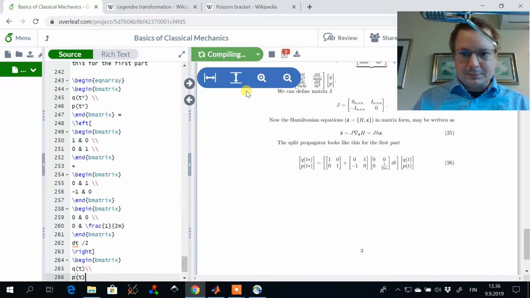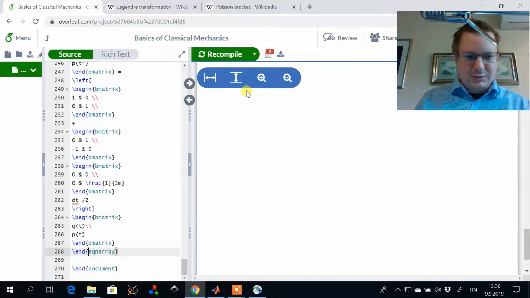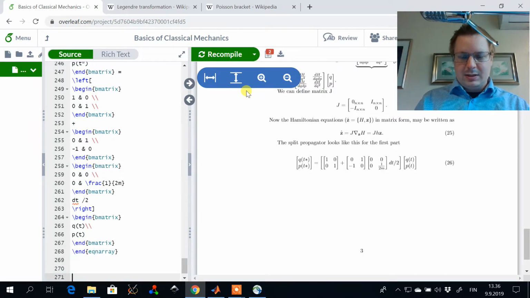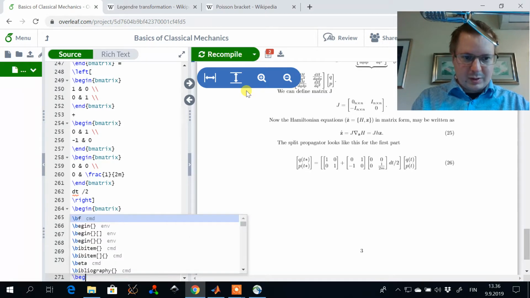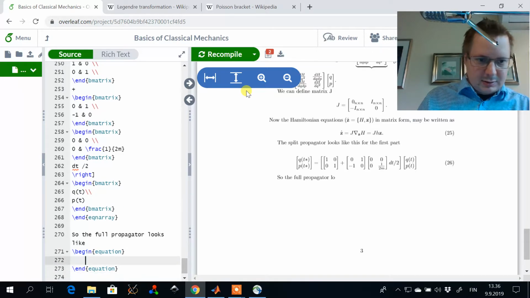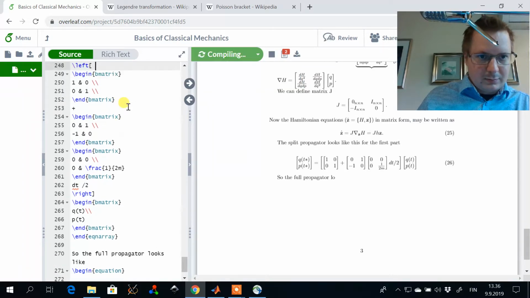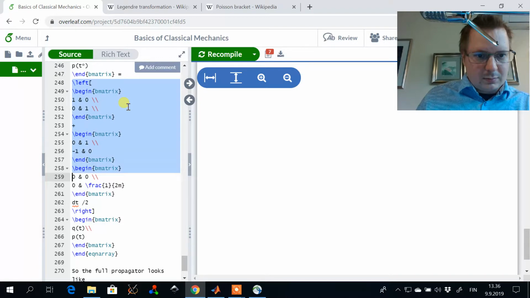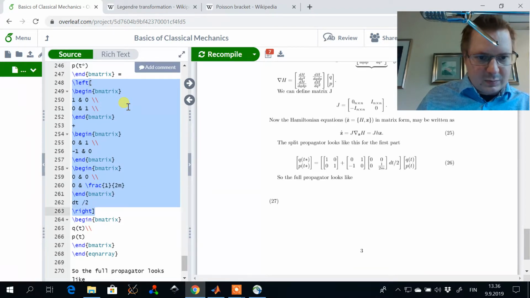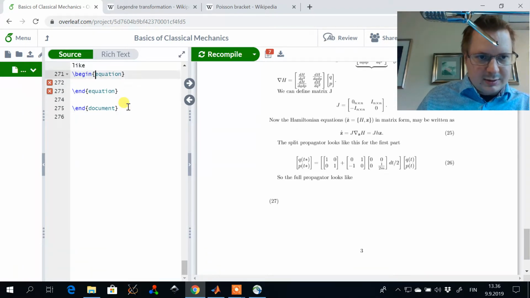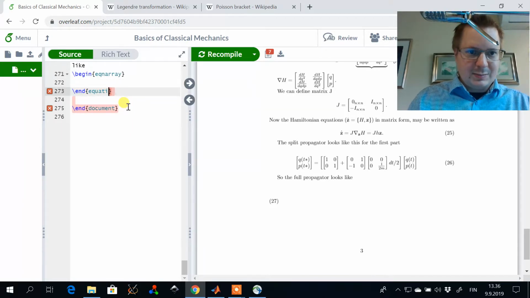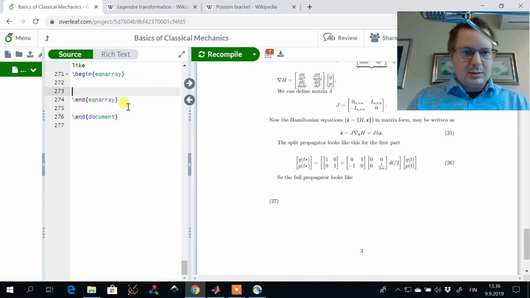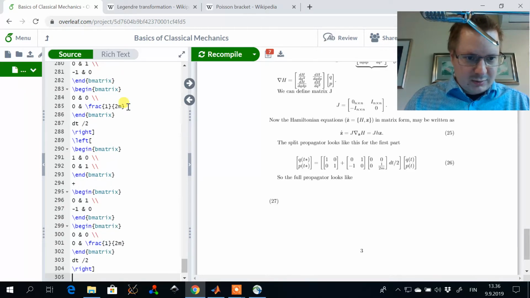And now it's actually worthwhile to see what the full propagator looks like. So we have this thing. So there's 3 steps to this. So first one, second one, and third one.